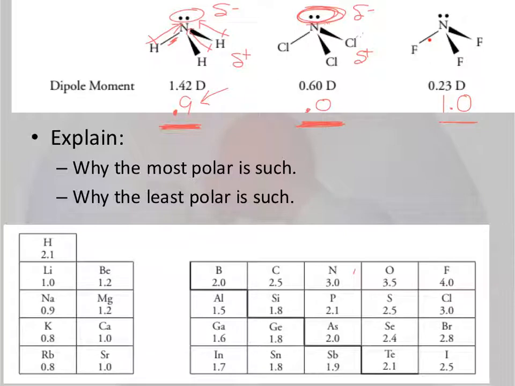All right, now over here, we have a difference in polarity of the bonds that is comparable to the difference between N and H. So the difference between these is about the same as the difference between the bonds in this first molecule, except you have a reverse thing going on here. Here the most electronegative element is fluorine, so it's pulling the electrons in the bond between itself and nitrogen towards itself.